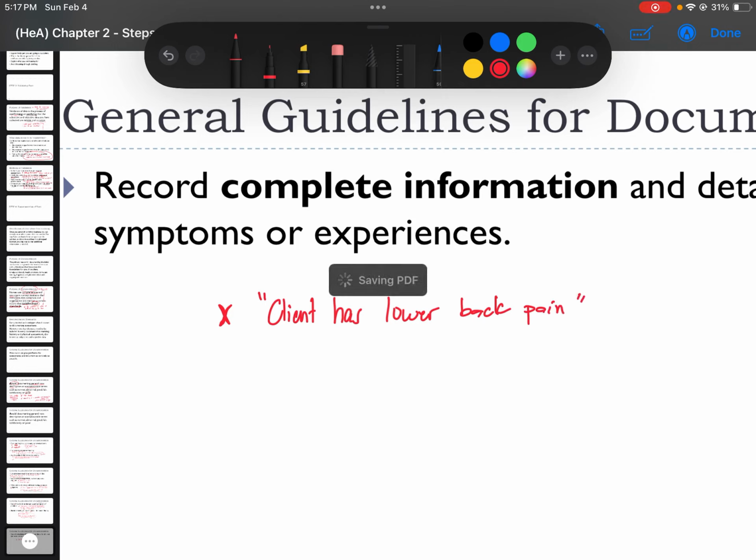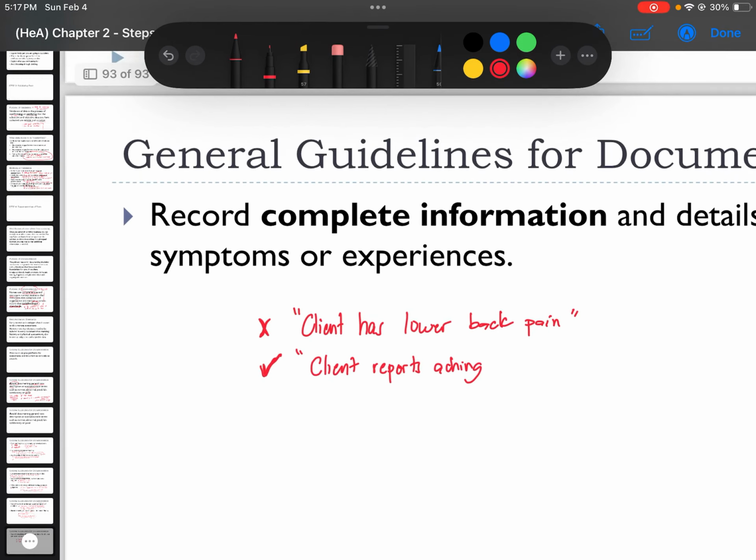Instead, class, you have to be specific, diba? And use what we call our cold spa. So we can say something like client reports aching back pain, okay, for 2 weeks.